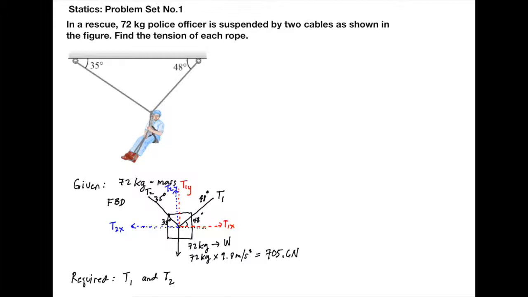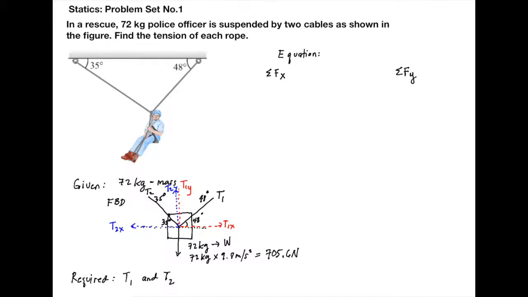Next, we have to solve now for the equation. And for our equation, we have to take note that we have the sum of all the X component, and we have also the sum of the Y component. So we have the summation of Fx, or summation of all the force in the X component, and the summation of force in the Y component.